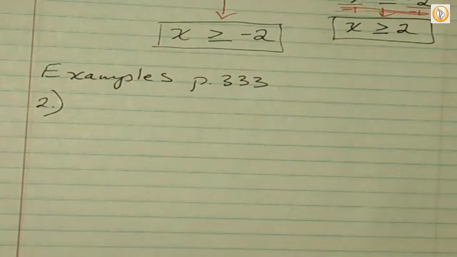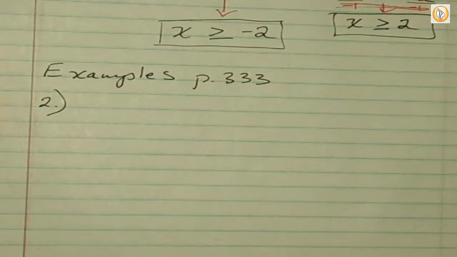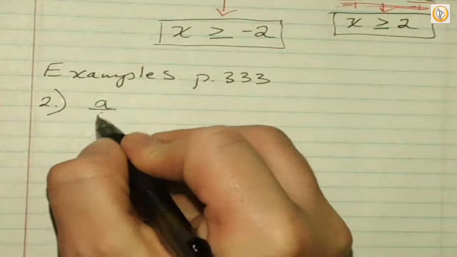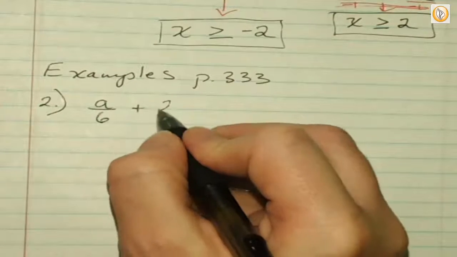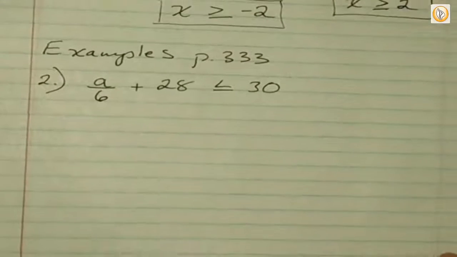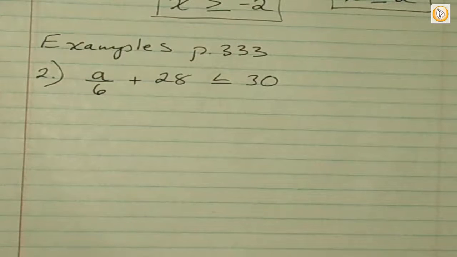Solve and graph the solutions. There it says to graph it. So Taylor, are you going to graph it? Okay. So we have a over 6 plus 28 is less than or equal to 30. Cecilia, you're solving this one for me. So start talking.